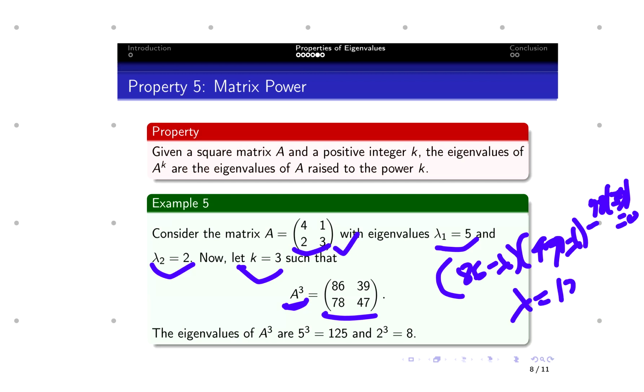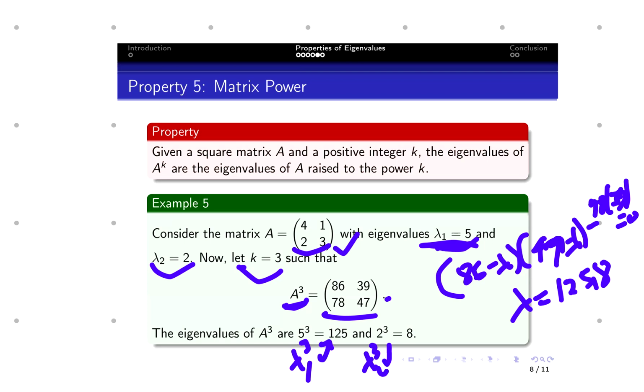But instead of going through that stress, since you know the matrix it's coming from, the matrix is A, and the power to which it is raised, that is 3, just raise each of the eigenvalues to the power of 3 and you get the eigenvalues of the new matrix. So the eigenvalues of A cubed will just be lambda 1 raised to power 3, which is 5 raised to power 3, and that is 125. And of course, lambda 2 raised to power 3, which is 2 raised to power 3, which is 8.